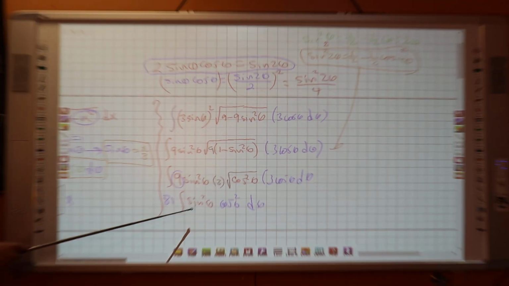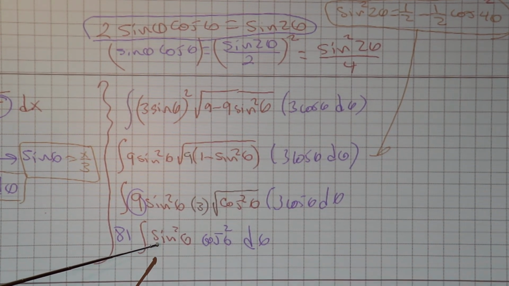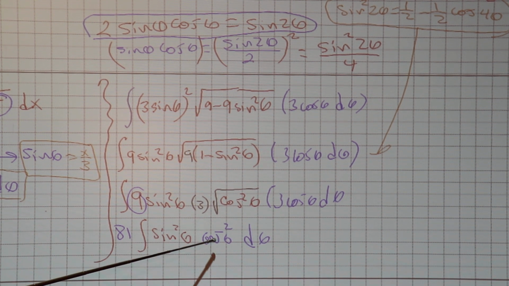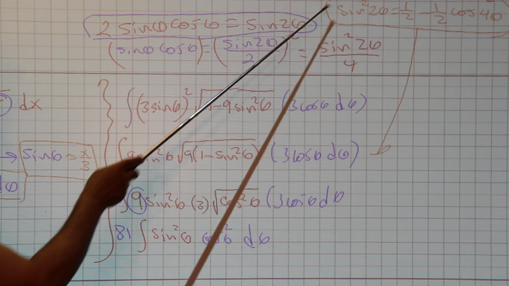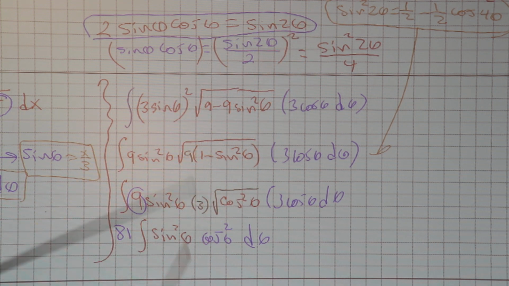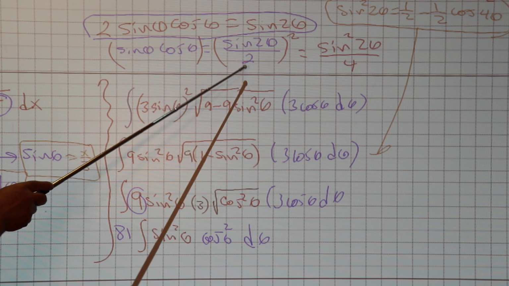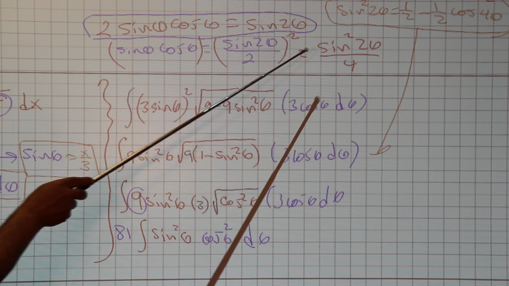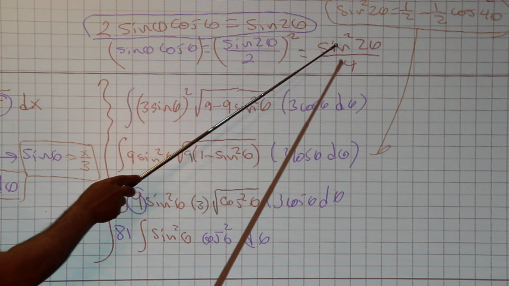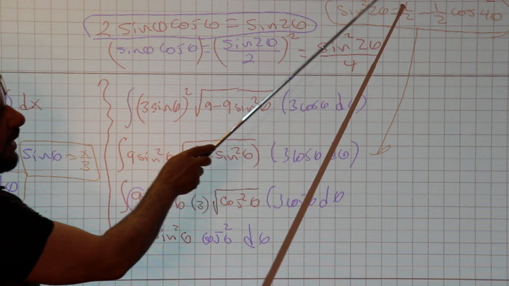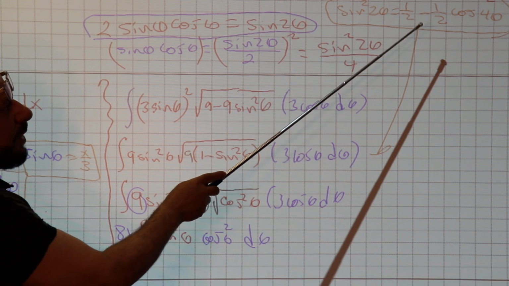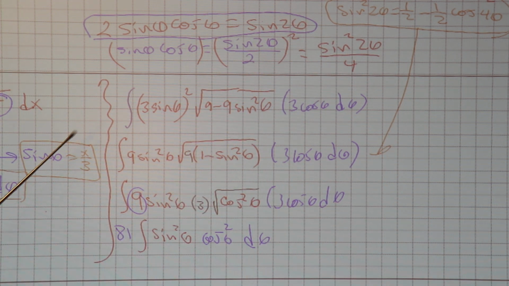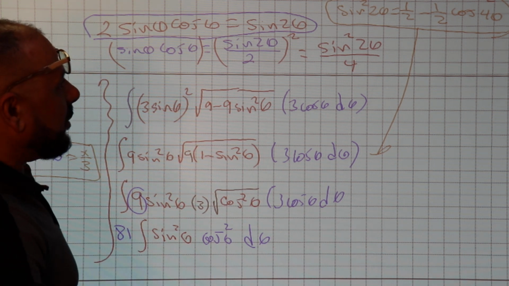You see the cosine square theta here? Sine square theta cosine square theta equals what? Sine theta cosine theta equals sine 2 theta over 2, right? And sine square 2 theta equals half minus half cosine 4 theta. Sine square 2 theta over 4.